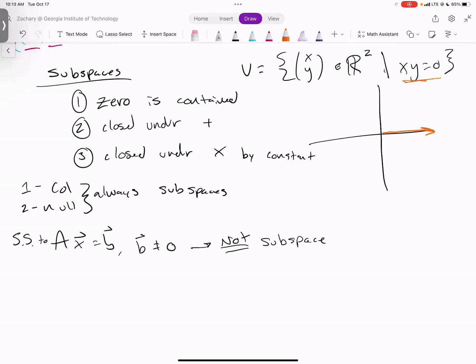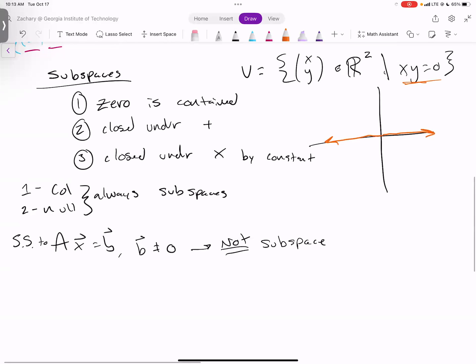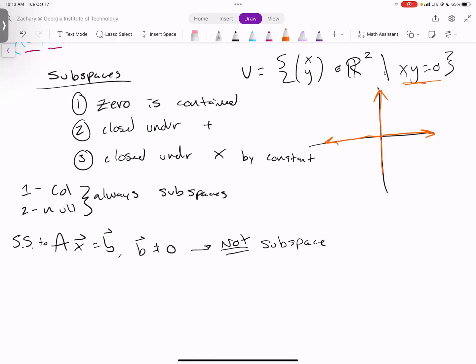So my plot is the x-axis when y is 0 and the y-axis when x is 0. So this space B is my orange lines. Check 1, do we contain the origin? We do. Check 2, if I add any two things on these orange lines, am I still on the orange lines? For example, if I add this and this together, tip to tail, I would end up here, and that is not on either of those lines anymore. So this is not closed under addition.